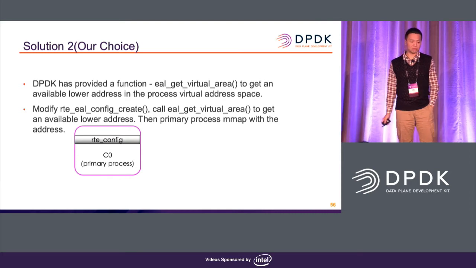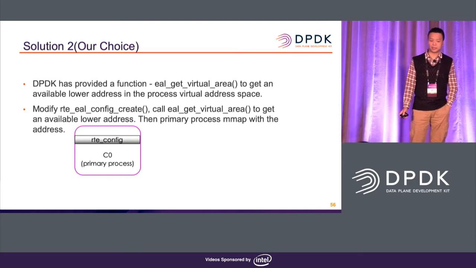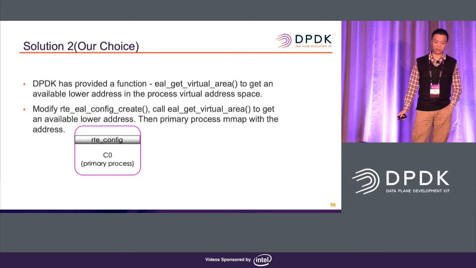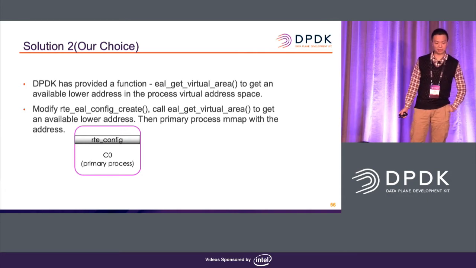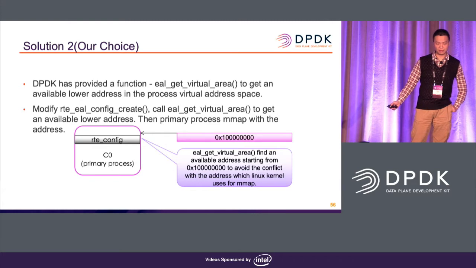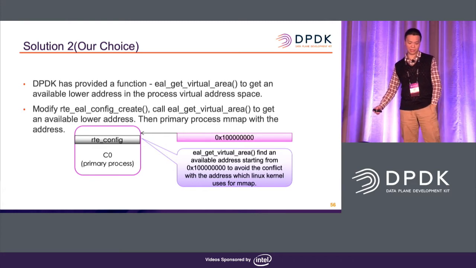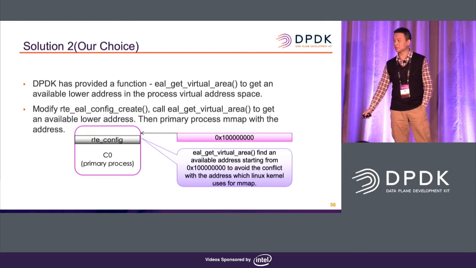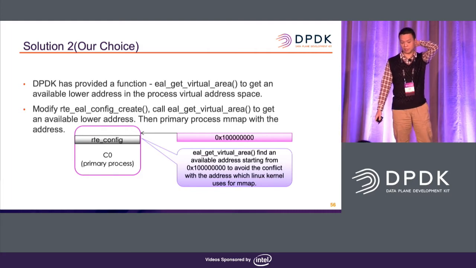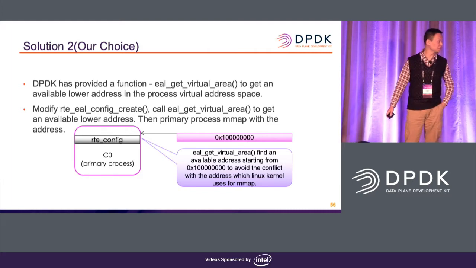We just modified rte_eal_config_create to call eal_get_virtual_area to get an available address lower than the primary process's and map the address. eal_get_virtual_area always finds an available address starting from maybe 0x10 million in hexadecimal. It's a very low address. It's distinct from the addresses the Linux kernel uses for mmap.